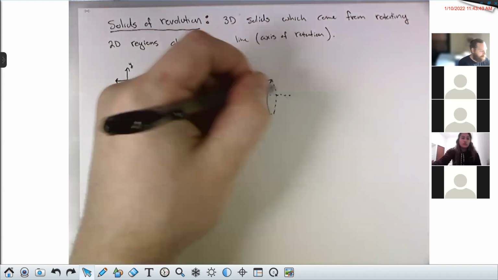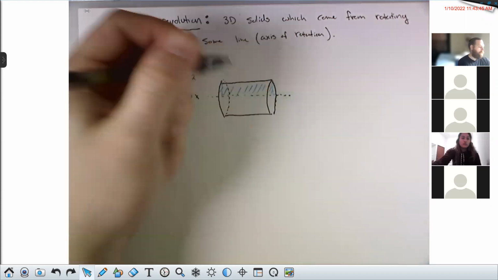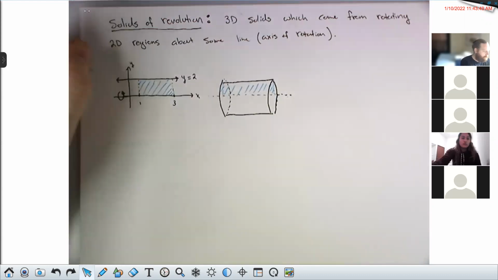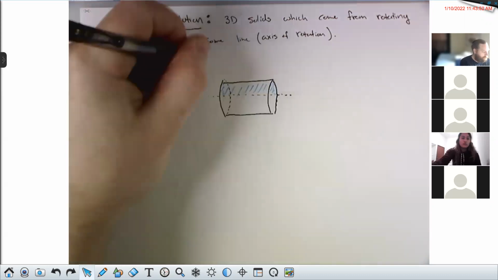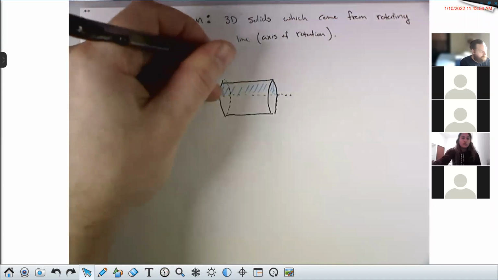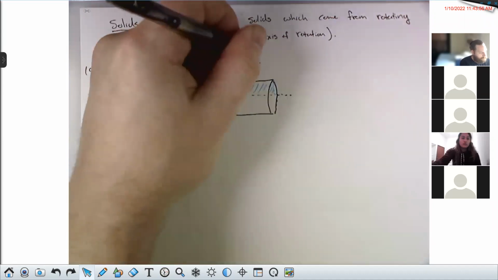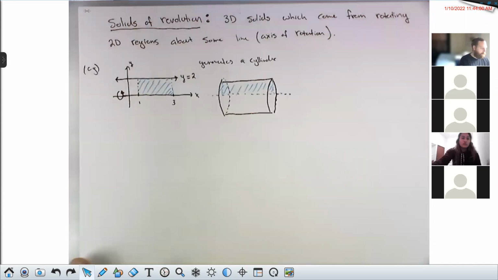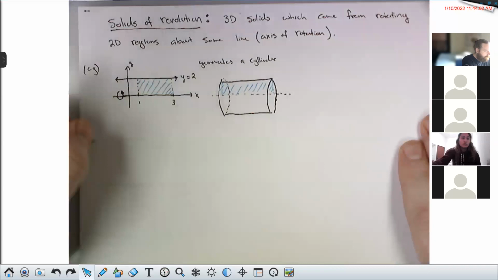That's what we mean by solid of revolution. This generates a cylinder. The solid from the previous problem can also be thought of as a solid of revolution.